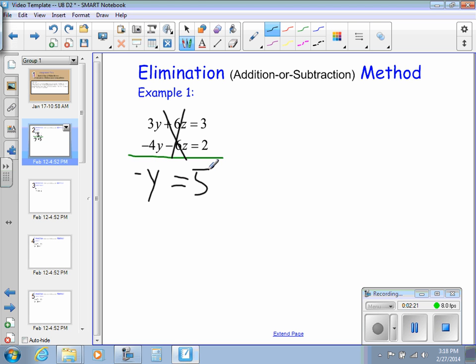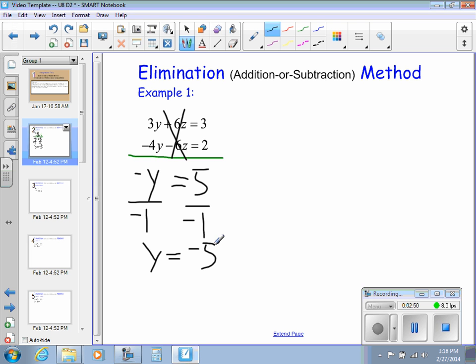So I now have an equation with only one variable in it. I have negative y equals 5, a fairly simple one to solve. I will have to divide both sides by negative 1, and that will give me y equals negative 5.